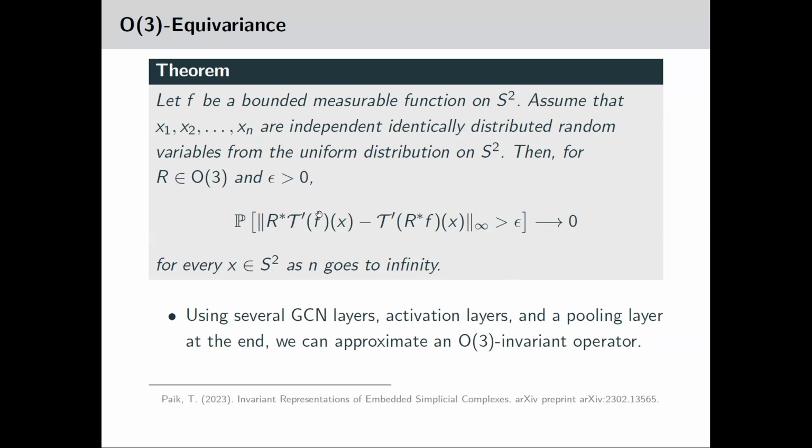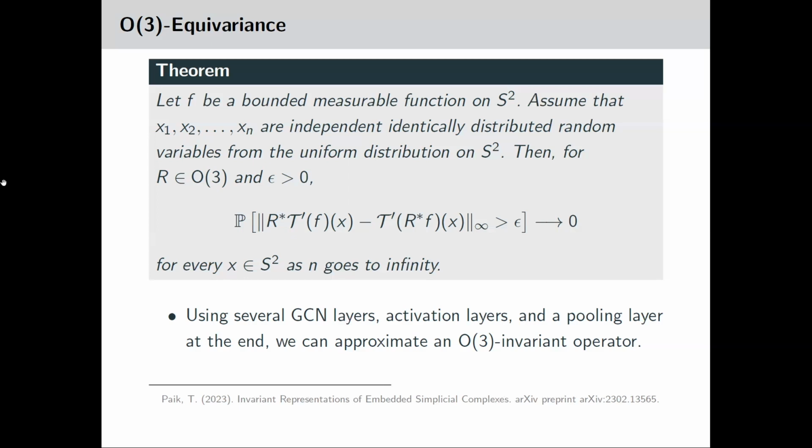If these two vectors are the same, then that means T prime is O3 equivariant. So if you uniformly sample a lot of points on S2, then the operator T prime can approximate an O3 equivariant operator. And since T prime F and TF are the same functions on the set X, this theorem can be a theoretical background for using the GCN we defined before.